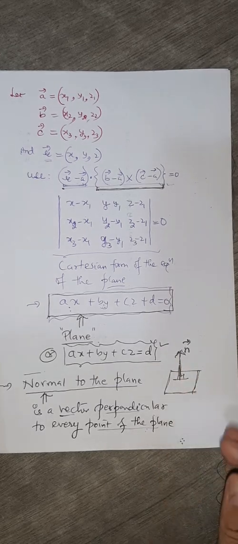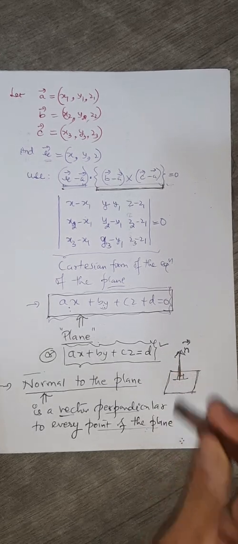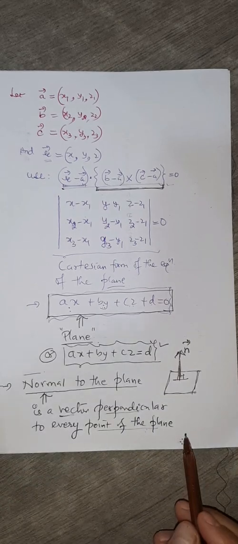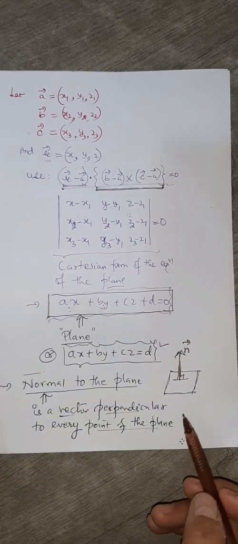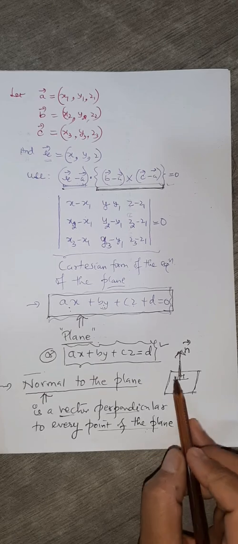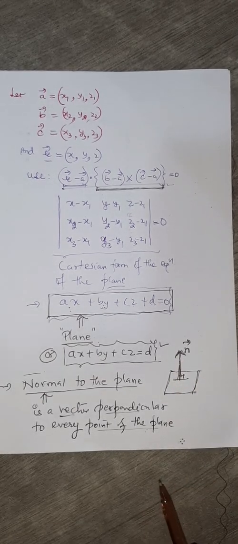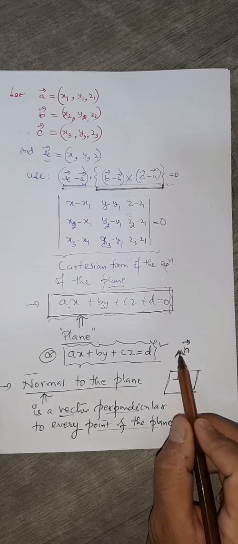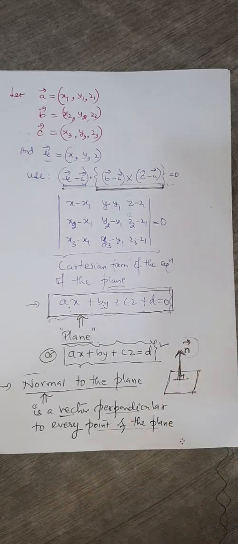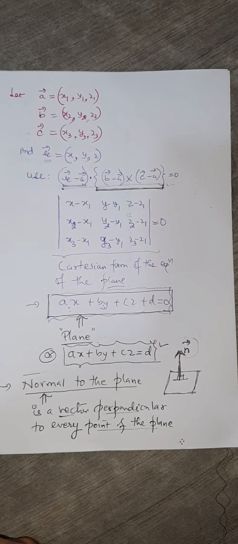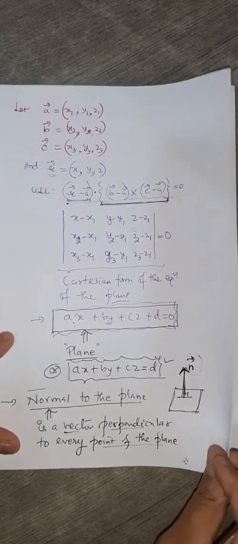For example, if you consider the xy plane, then the z-axis will be the normal. In the xy plane, the z-axis is always perpendicular to the xy plane. So that way, here one vector, which is normally denoted by vector n, is perpendicular to every vector of the plane.